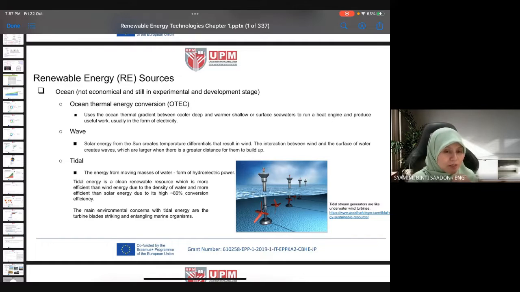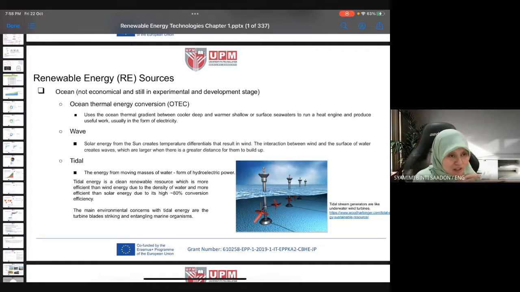So the mechanism behind ocean thermal energy is that it uses the thermal gradient, the difference of temperature, between the top and bottom levels of the water, because the water at the upper sea level is warmer, and the one deep down in the sea is cooler.